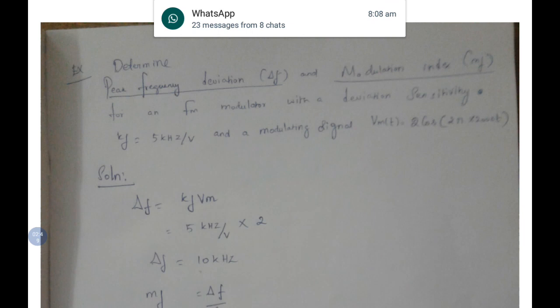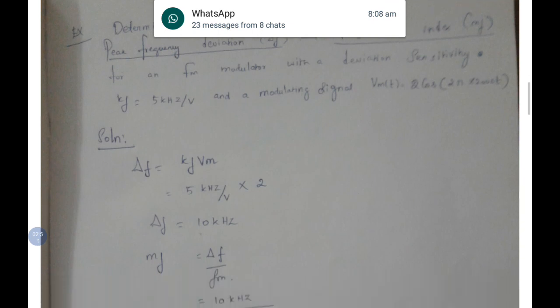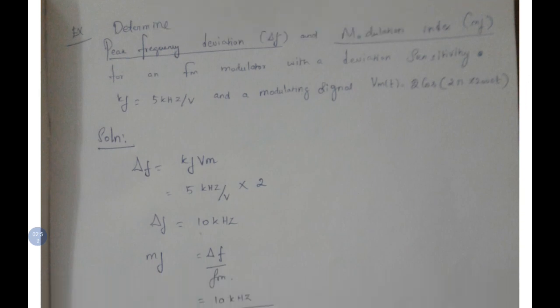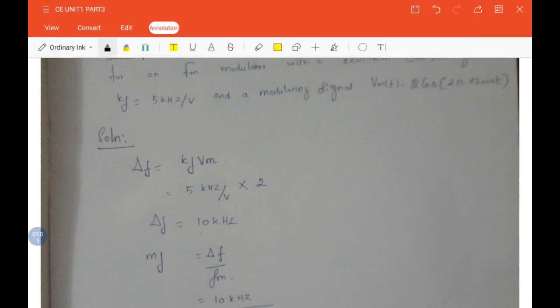The del F is equal to Kf into Vm. Kf, the sensitivity, is given directly in the question itself, and Vm we don't know yet, that Vm is nothing but the modulating signal voltage.